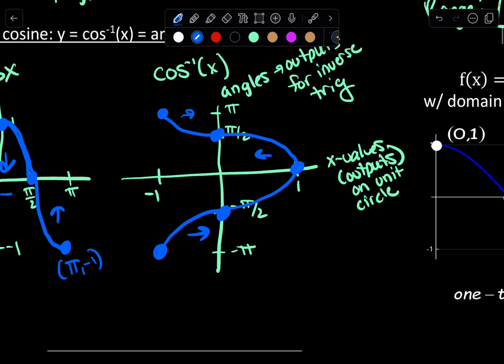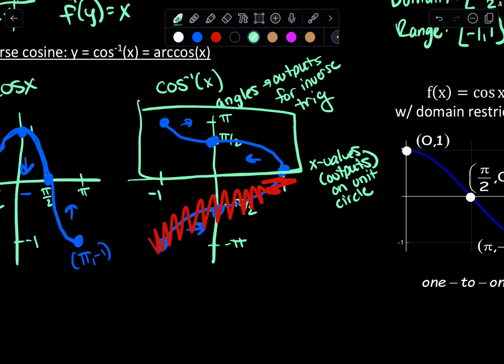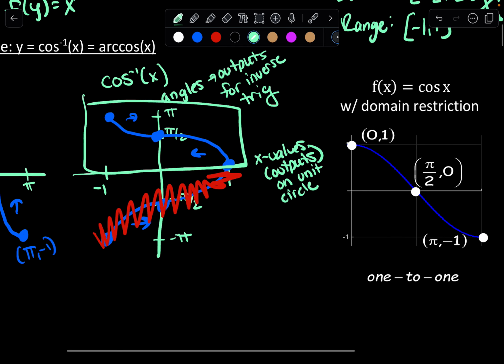All right, from here, again, we fail to pass the vertical line test, aka for each input, there is not exactly one output, okay? So again, we have to restrict our domain, and the choice was made to use this. So we are using this positive curve up here.